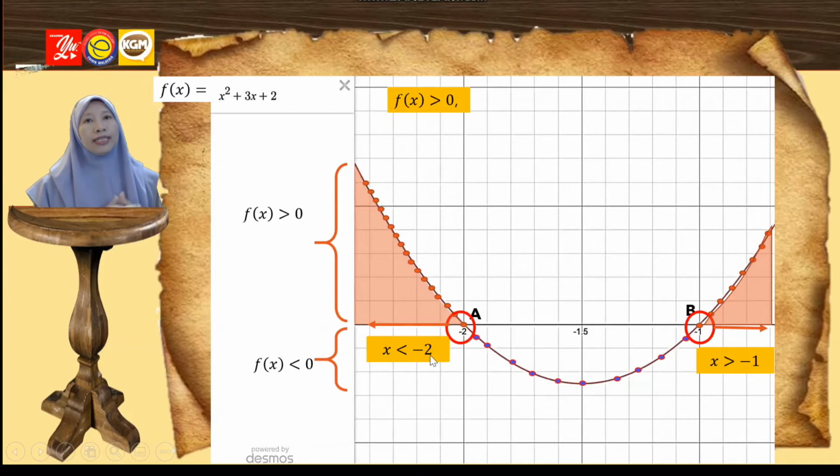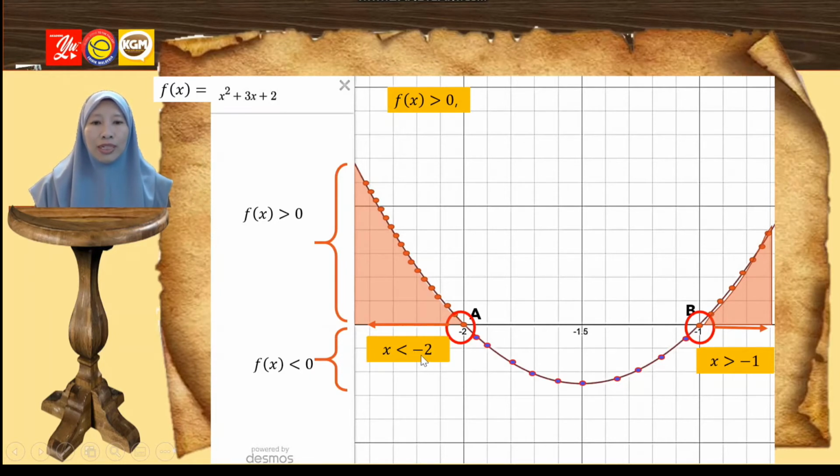In other words, the inequality means we can have more than one value. For an equation, we usually have only one or two particular values. But for inequalities, we usually have a range of values, which means we have more values.